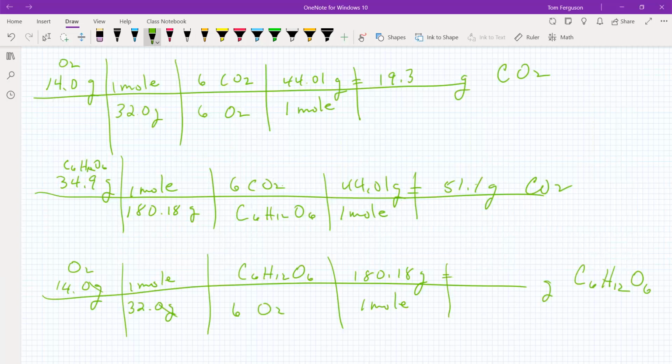Okay, so this will tell us we used up all the oxygen, all 14 grams of the oxygen. How much of the glucose was used up? And then the rest will be excess.